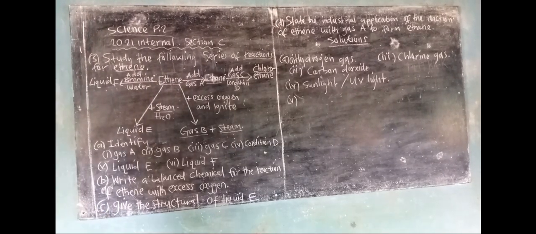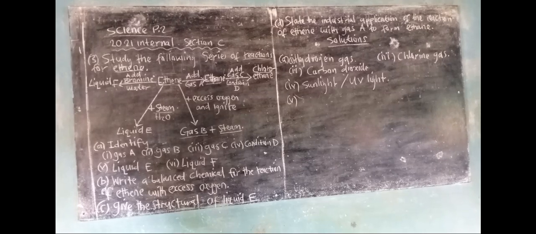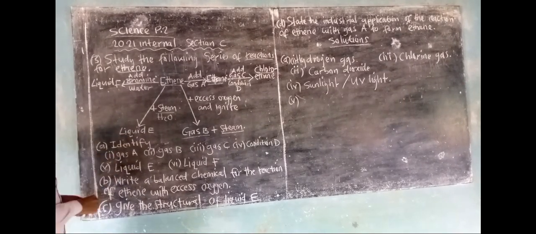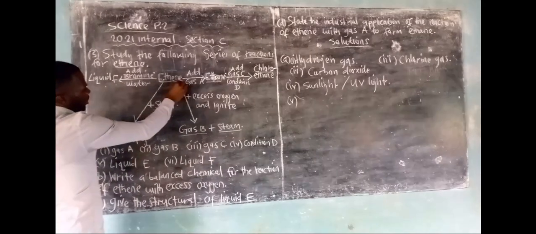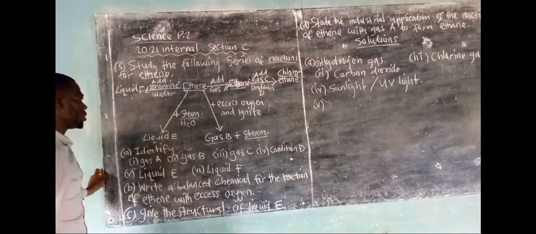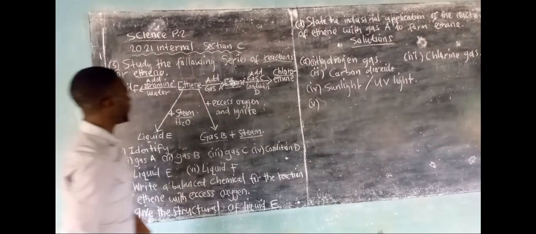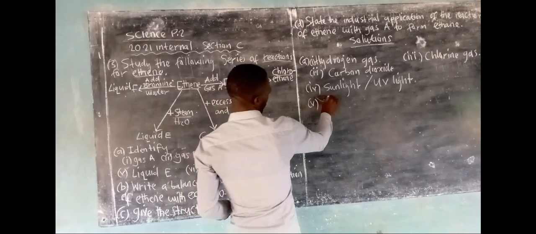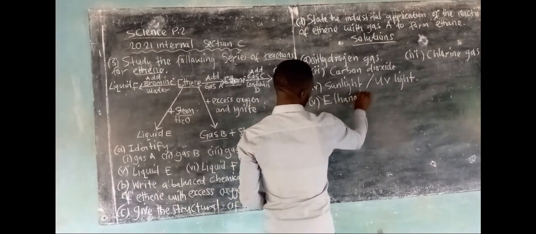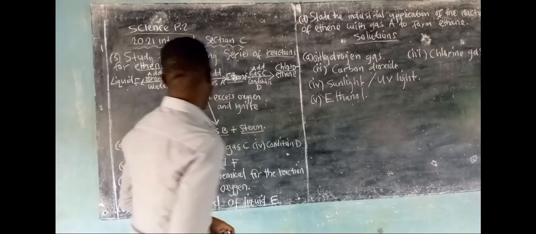For example, if they had used propene, the alcohol produced would have been propanol. So since ethene was reacted with steam to give an alcohol, the alcohol name will be ethanol. So that is it, liquid E.